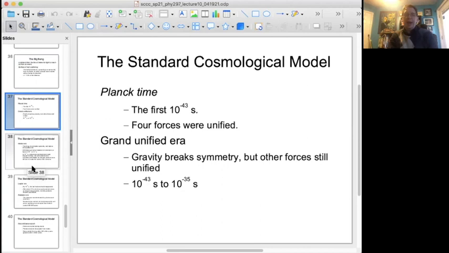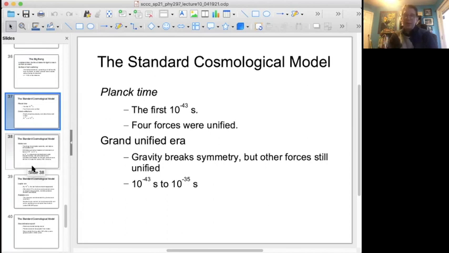So how does the Big Bang look? The standard cosmological model starts with Planck time, so the first 10 to the negative 43 seconds. The four forces were unified, so there was symmetry. There was no difference between the forces or the particles that interacted with them at that scale.